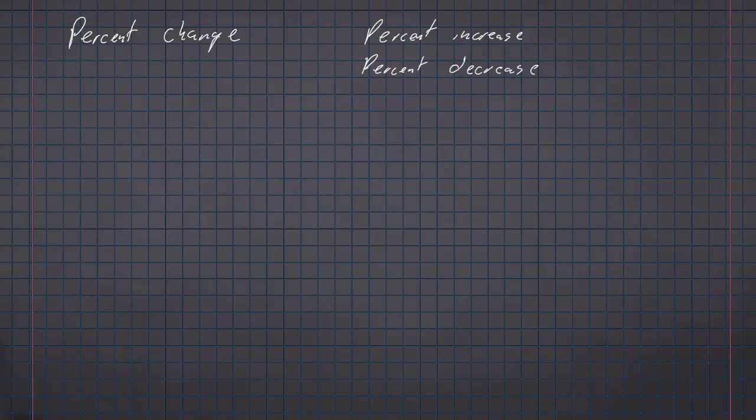The most important thing to pay attention to with percent increase and percent decrease is that even though they feel like opposites, right? Increase and decrease are opposite of each other. Percent increase and percent decrease are really unrelated as far as the calculation goes.